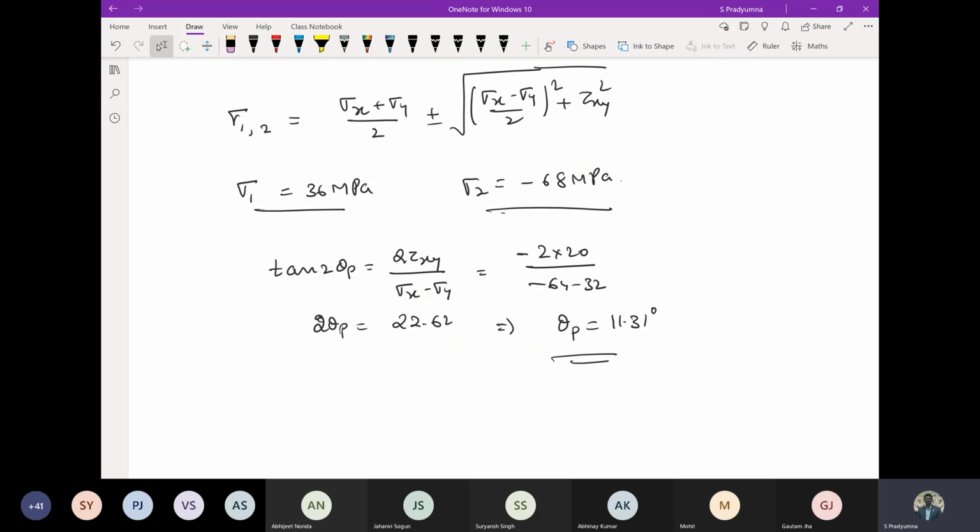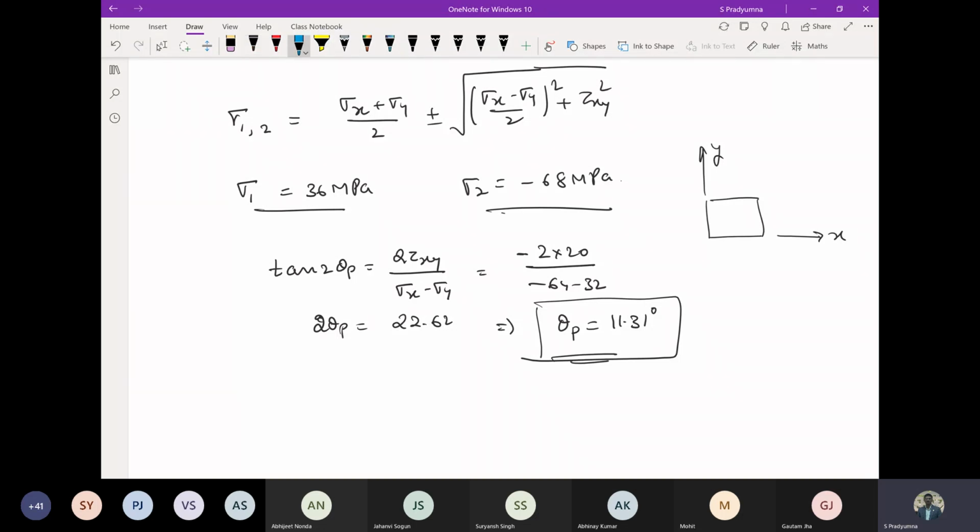Now, is it possible for us to tell which principal stress is associated with this direction of theta p? This direction is given by some theta p. That means if I take the element like this, this is the x-axis, this is the y-axis, and theta p is 11.31 degree.